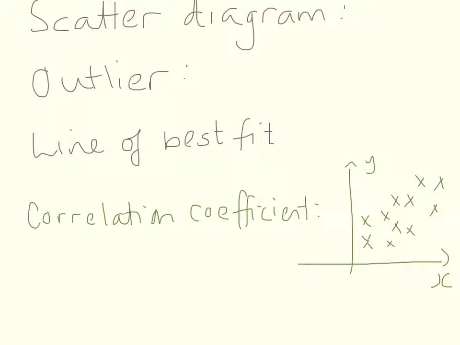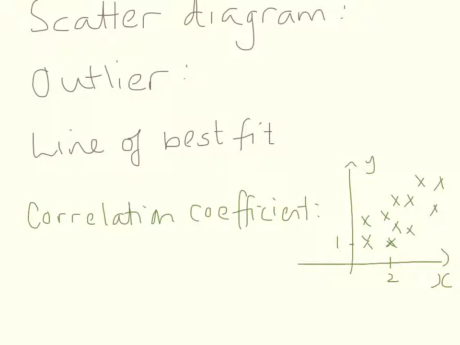Okay, so here are a few more terms. A scatter diagram is a diagram where you plot points of paired data. For example, when x is 2 and y is 1, this point shows that piece of data.